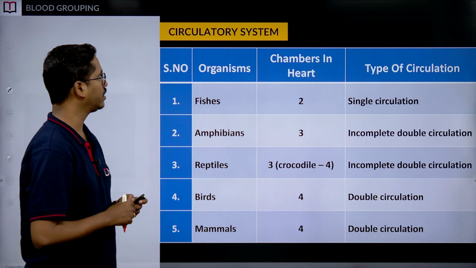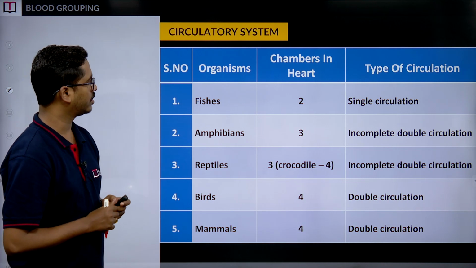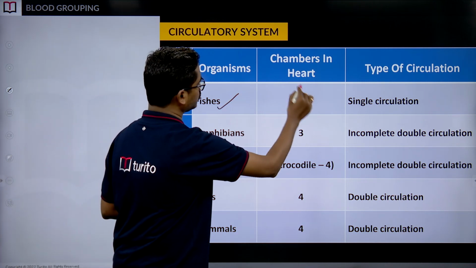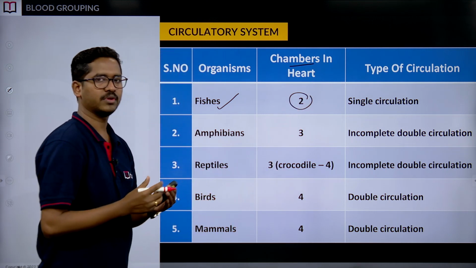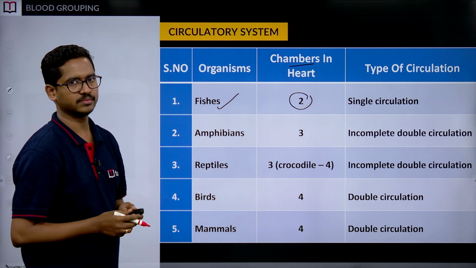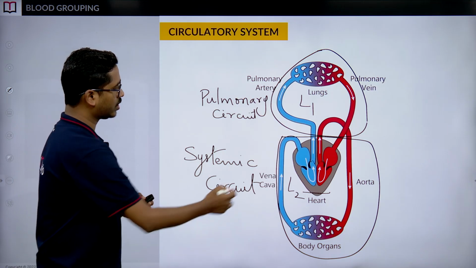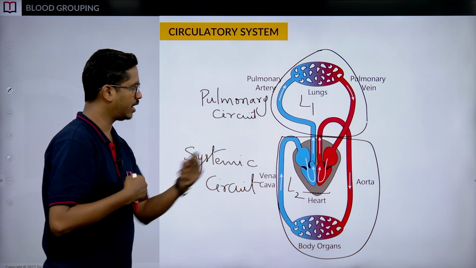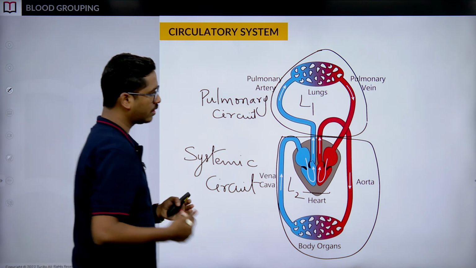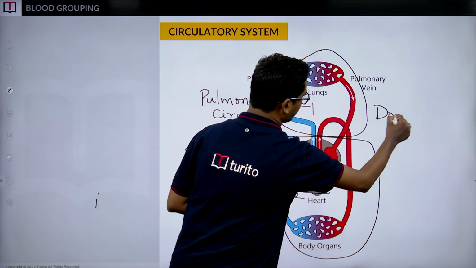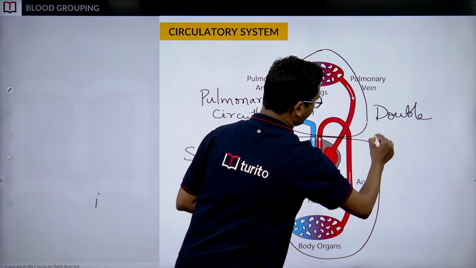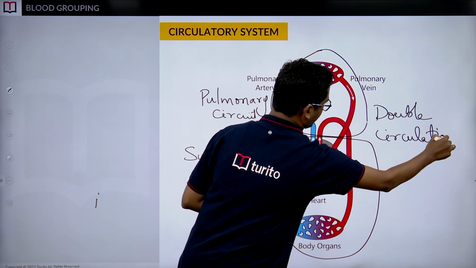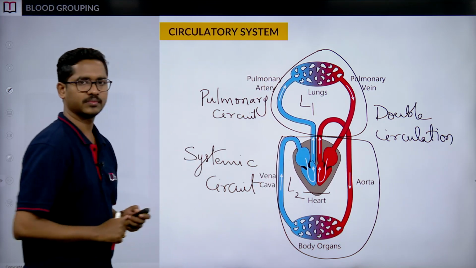So, when it comes to the circulatory system in fishes, because they have a two chambered heart, they have single circulation. That means they do not have two loops, they have only one loop. In our case, we have two loops, so we have double circulation.